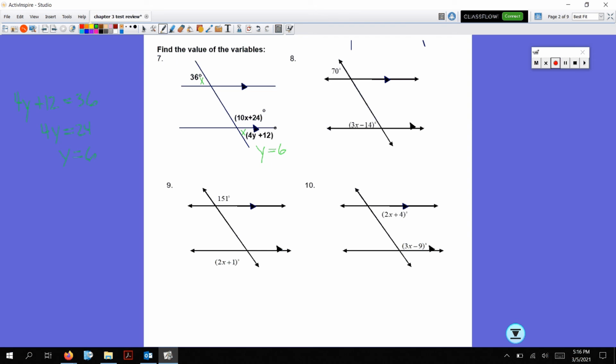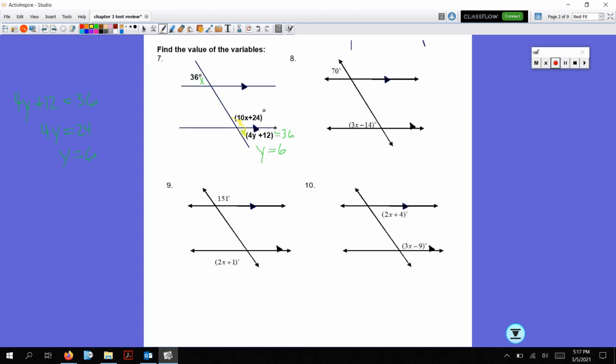Okay, now for x. This angle here and this angle, 4y plus 12, are a linear pair. That's not necessarily related to parallel lines because it doesn't say anything else about the line above it. So together, they equal 180.